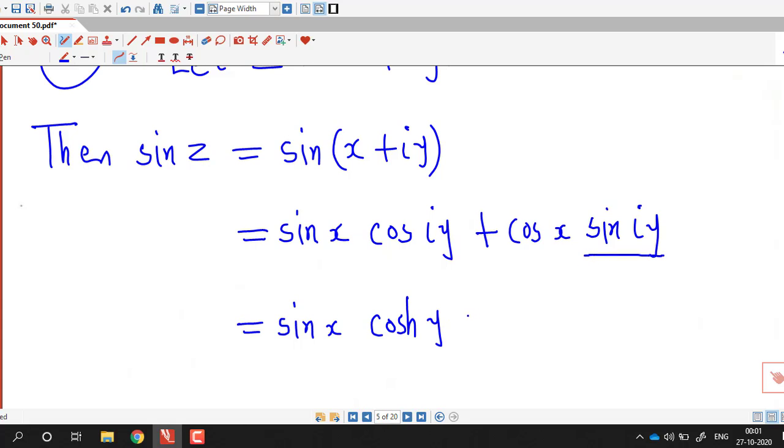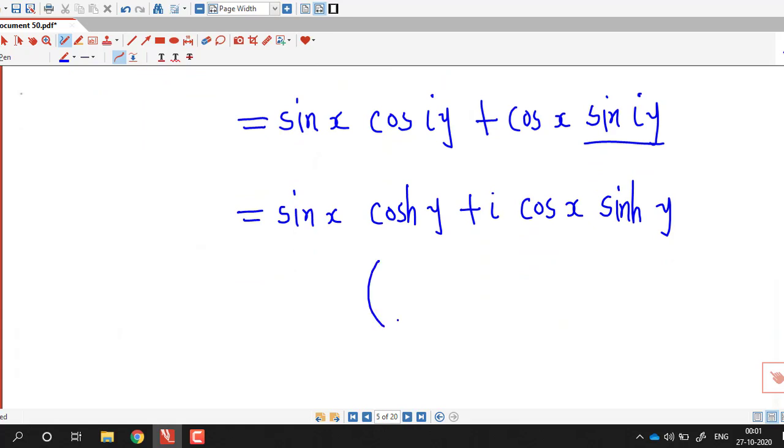and in sin iy, i will come out, so it is i times cos x into sinh y. Sin iy is replaced by i times sinh y.